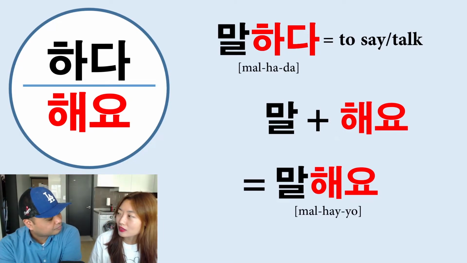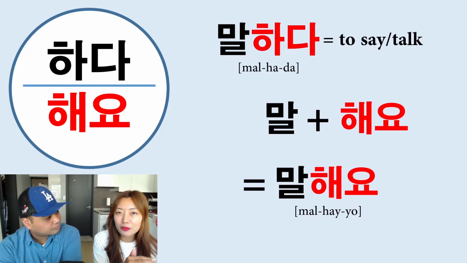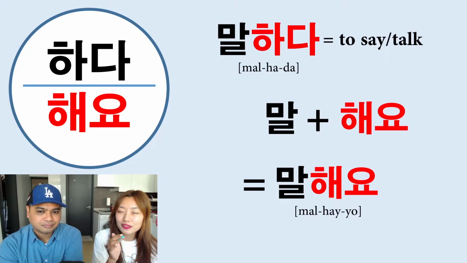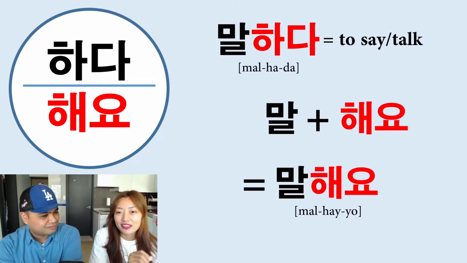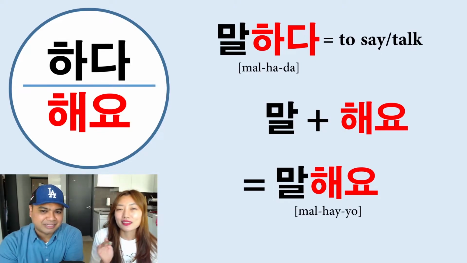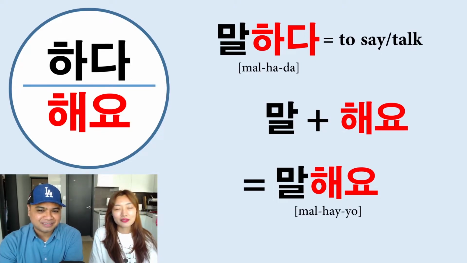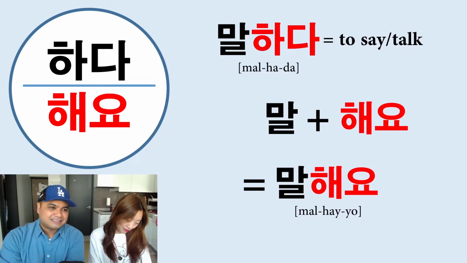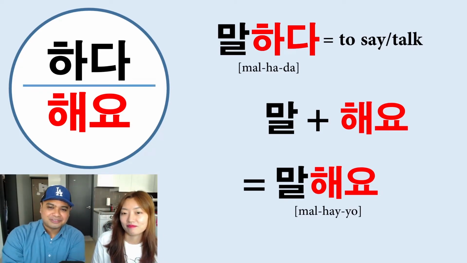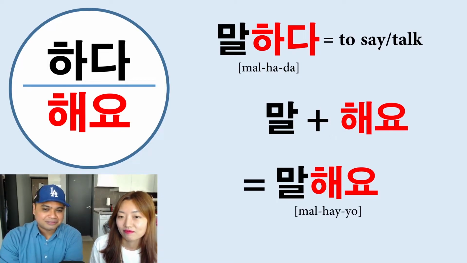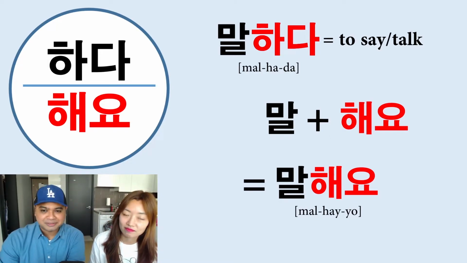But normally, if it's not the point you want to stress, then you can just say 말해요, mareo. So really, that's like the little nuances of learning a new language. Just knowing you don't need to say malhaeyo, just say mareo.